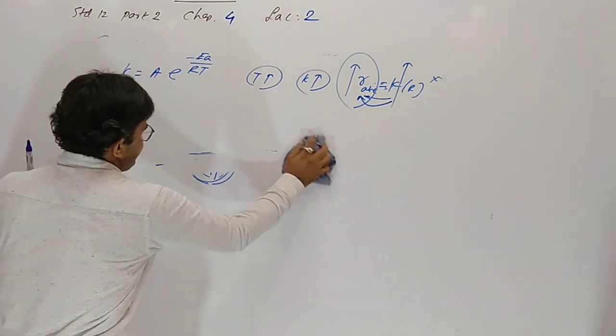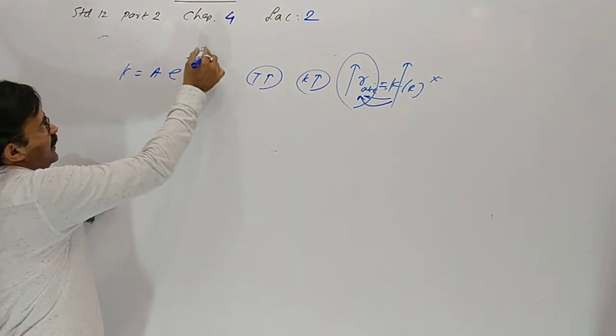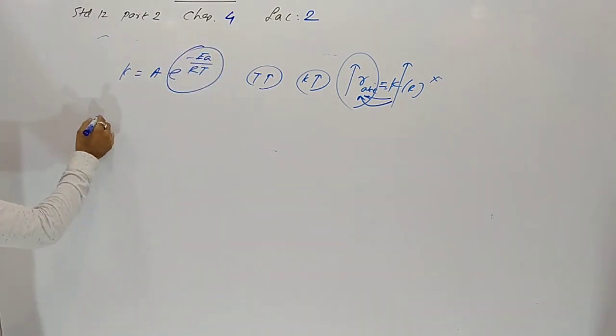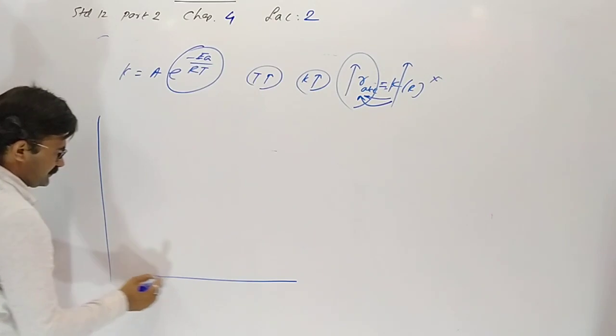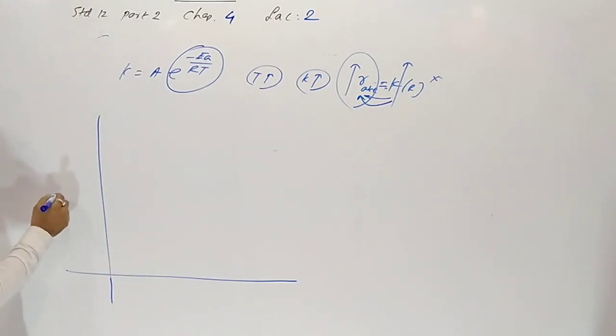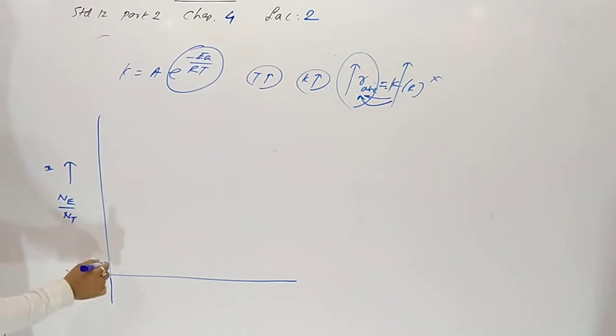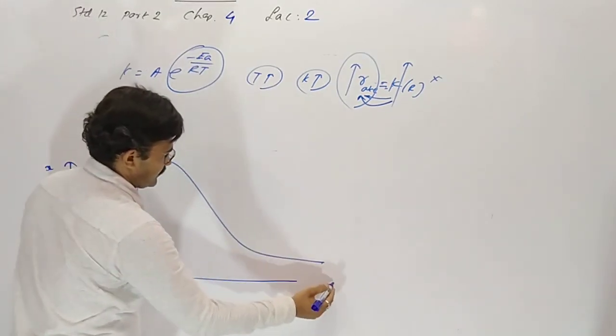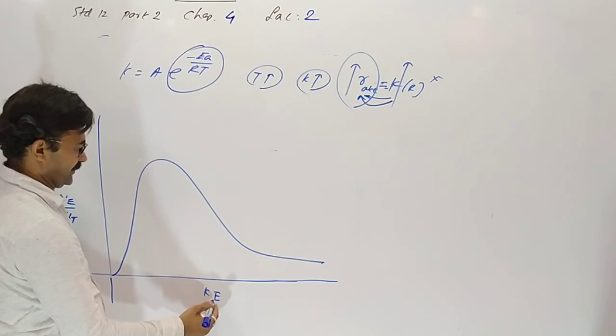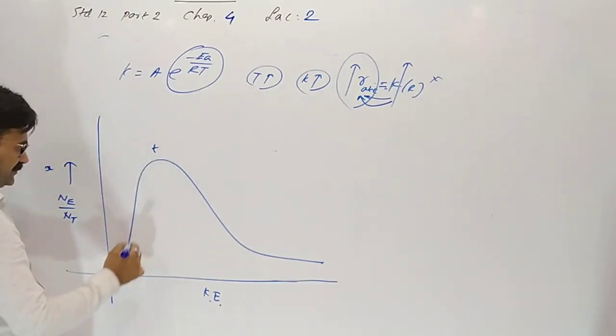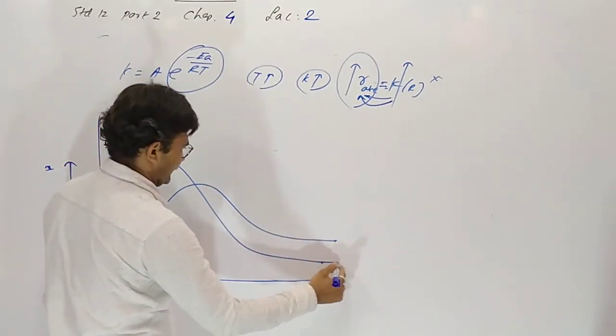Now in the Arrhenius equation, this part is our fraction x. Boltzmann curve: kinetic energy at T temperature and at T plus 10.